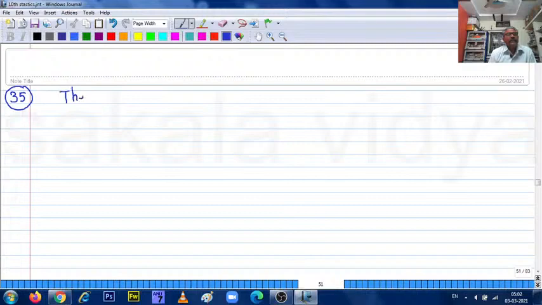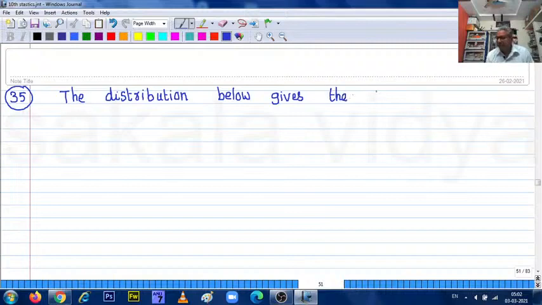The distribution, meaning the frequency distribution, below gives the weights of 30 students of a class.